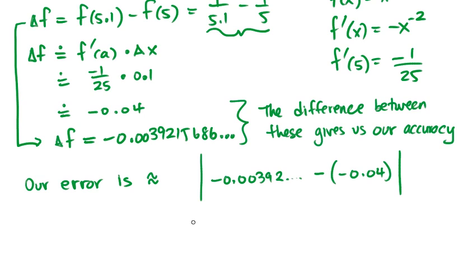I take the absolute value so that I get the positive error, which is just a magnitude, and I get about 7.8 times 10 to the negative 5, which is really small. It's just a little bit smaller than 1 times 10 to the negative 4. So it's accurate to about 4 decimal places, which is pretty good.